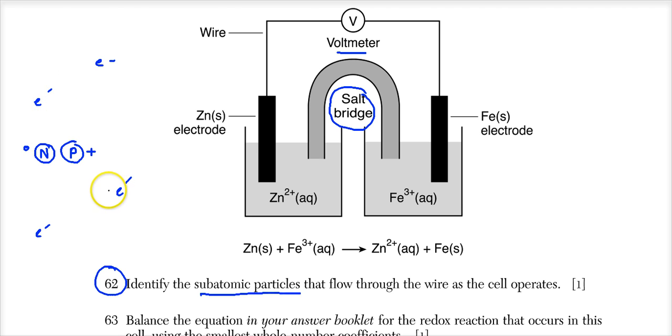These are the subatomic particles, and they want to know which one flows through the wire. Well, it's going to be the electrons. Electrons create the electricity, the charge differential. So it's the electrons that flow. Some people would argue it's the charge, but we're keeping this simplistic at this level.